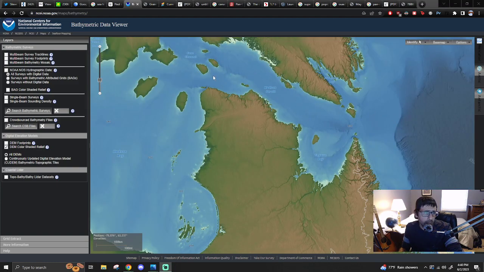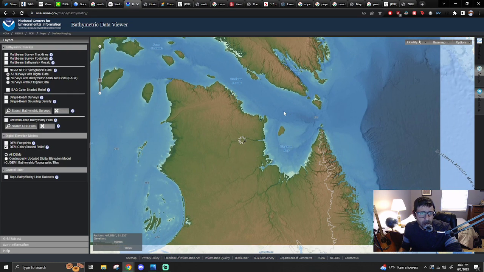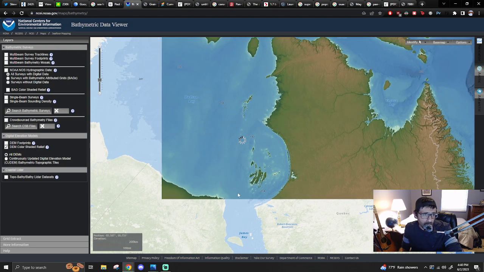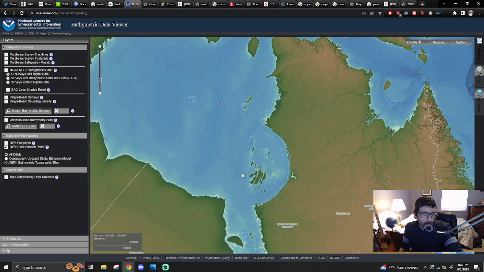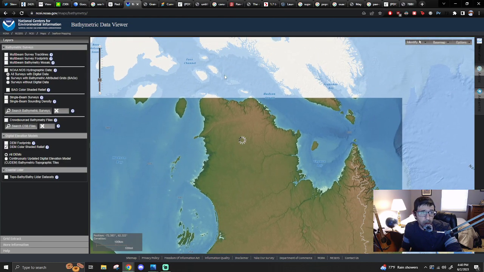Okay, loaded. Good. There's a little more definition here. We can see contours.